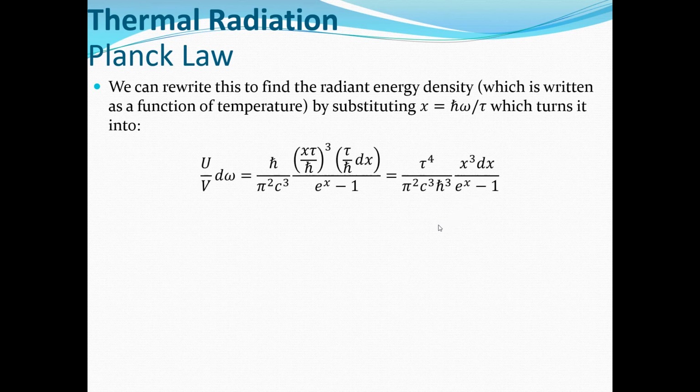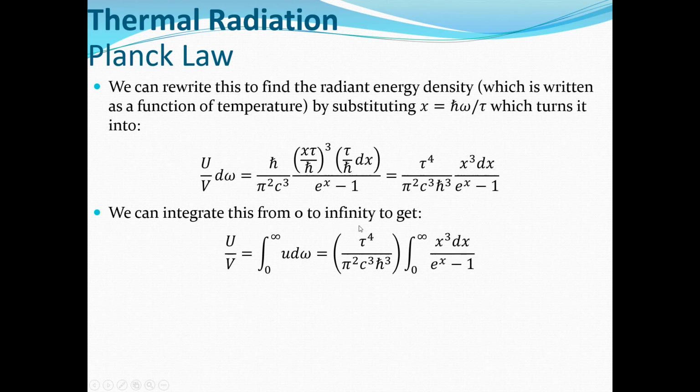All right. So we can actually rewrite this so that we could find what they call the radiant energy density as a function of temperature. We're going to do this by replacing the h bar omega over tau with an x. So our equation ends up looking something like this. And then from here, we're going to integrate from 0 to infinity.